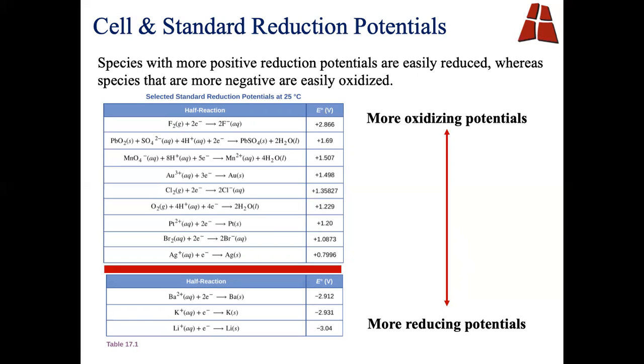Species with more positive reduction potentials are easily reduced, whereas species that are more negative are more easily oxidized. I know it's a lot of positives and negatives, but something good to keep in mind: if it has a very positive reduction potential, it is easily reduced. Very negative reduction potential means very easily oxidized.